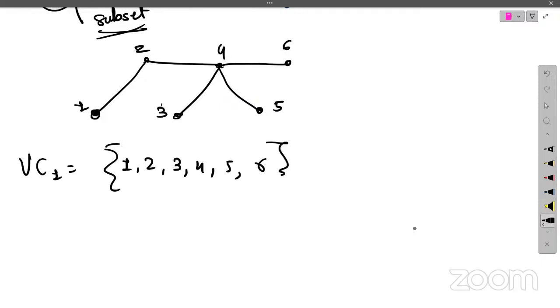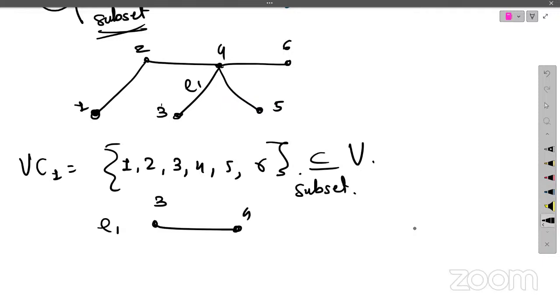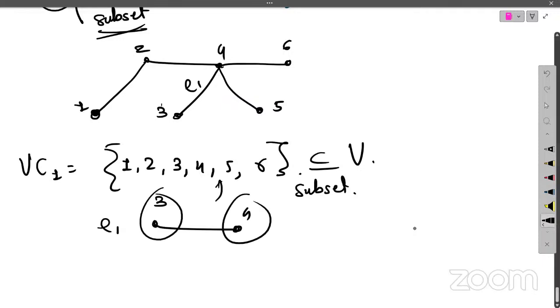I'm taking all the vertices. This is a subset of the vertex set V, and it covers all the edges. If you pick any edge, say this edge, what are its endpoints? Endpoints are 3 and 4, and both belong to our subset. So this is one type of vertex cover.